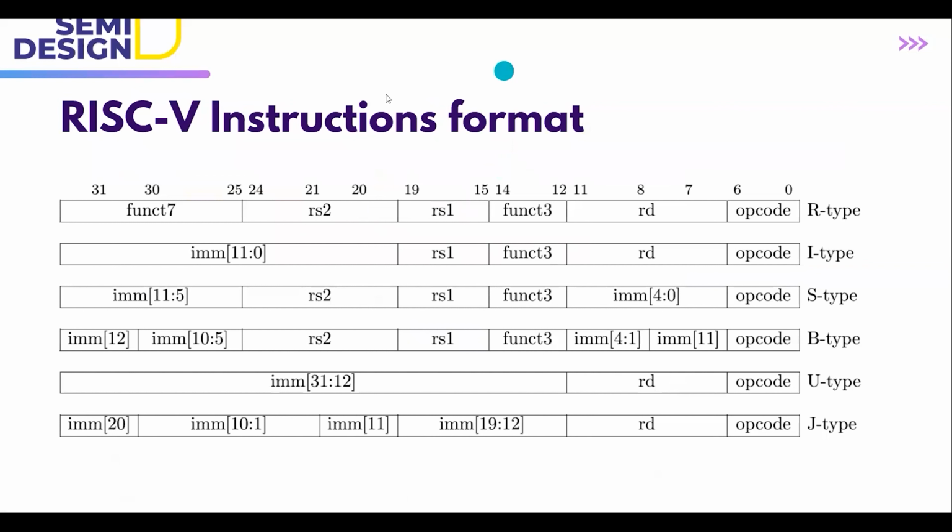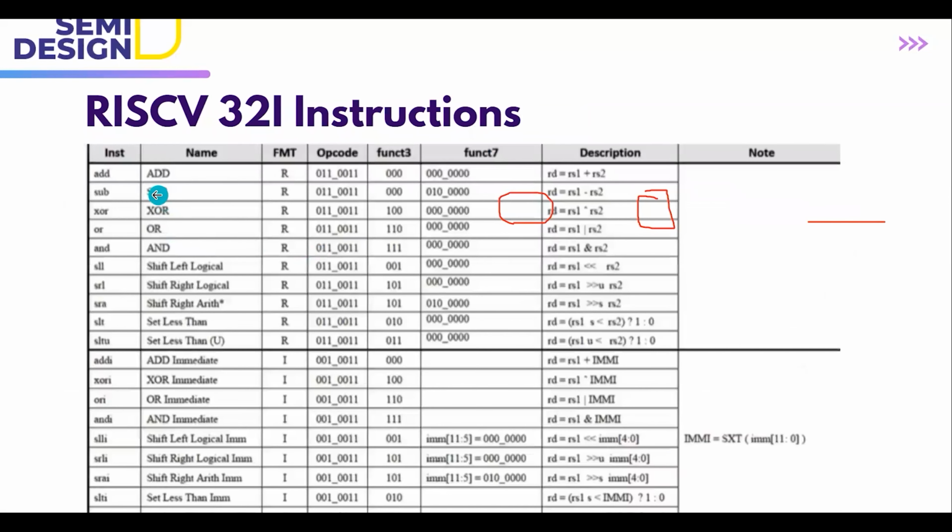Suppose if you see here, for R type, what is the value? It is the destination. Funct3 means, based upon it, if you want to do some addition, or if you want to do some subtraction operation, what is the value of funct3? It is 000.